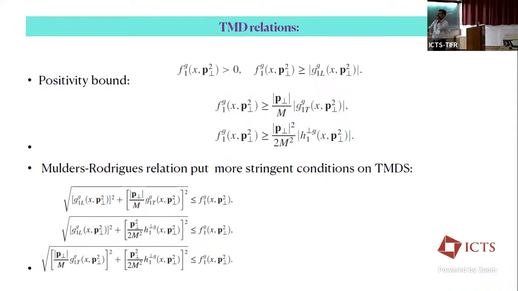So the unpolarized TMDs have to be larger than the polarized ones. And even the Mulders-Rodrigues relations are more stringent than this positivity bound. All these relations are satisfied in our model, even without explicit values of the parameters. At the wave function level, you can satisfy all these constraints.